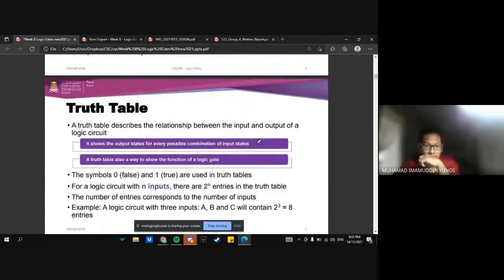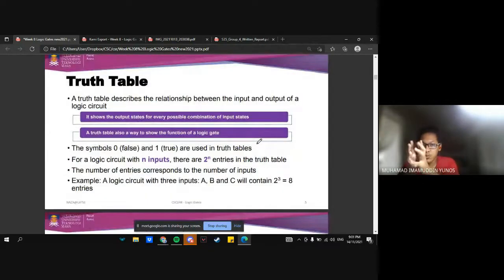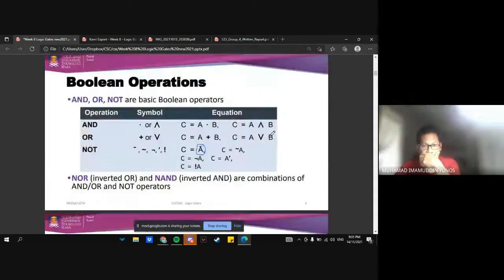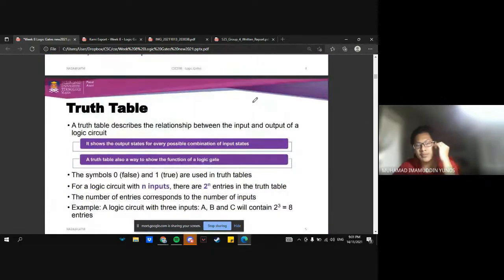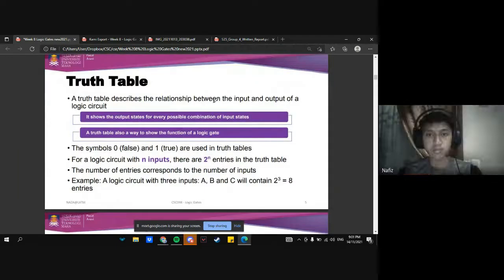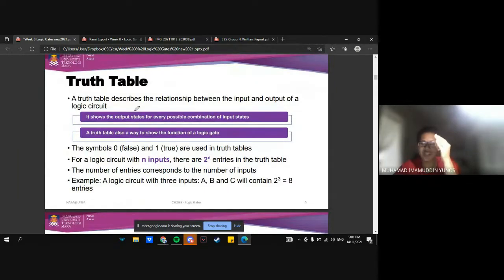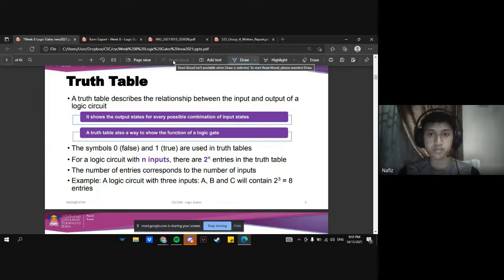After we know the Boolean operators, the Boolean operation and Boolean algebra, we can now make a truth table. A truth table describes the relationship between the input and output of a logic circuit. It shows the output state for every possible combination of input states. A truth table is also a way to show the function of a logic gate.